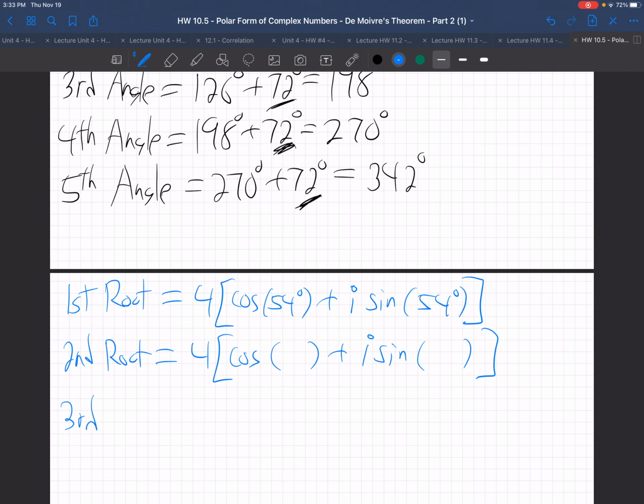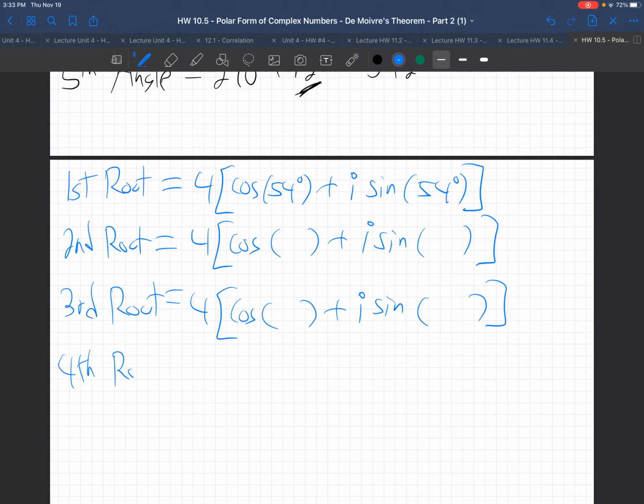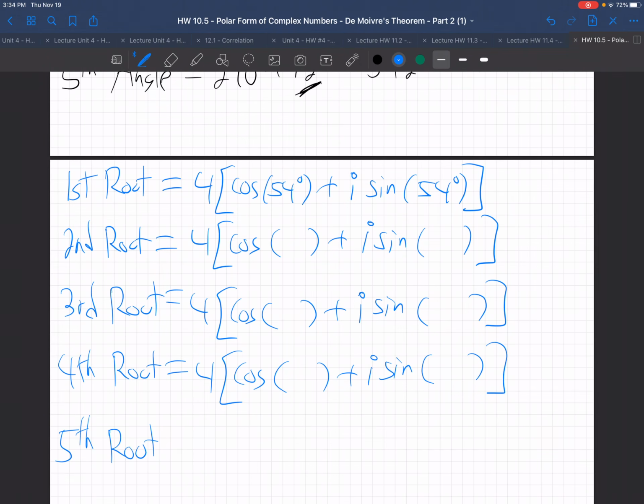Let me just write these out and I'll fill in the angles in a second, kind of like your answer key does. All right, what are our angles?